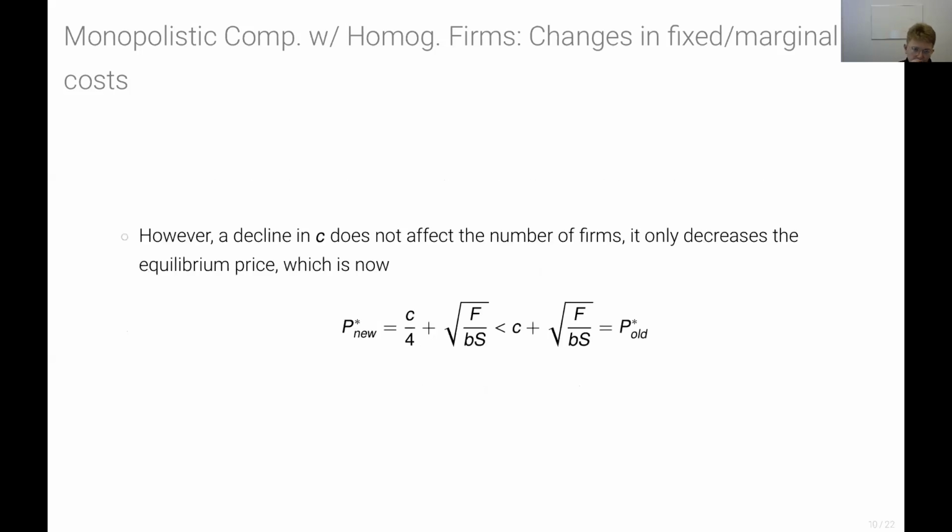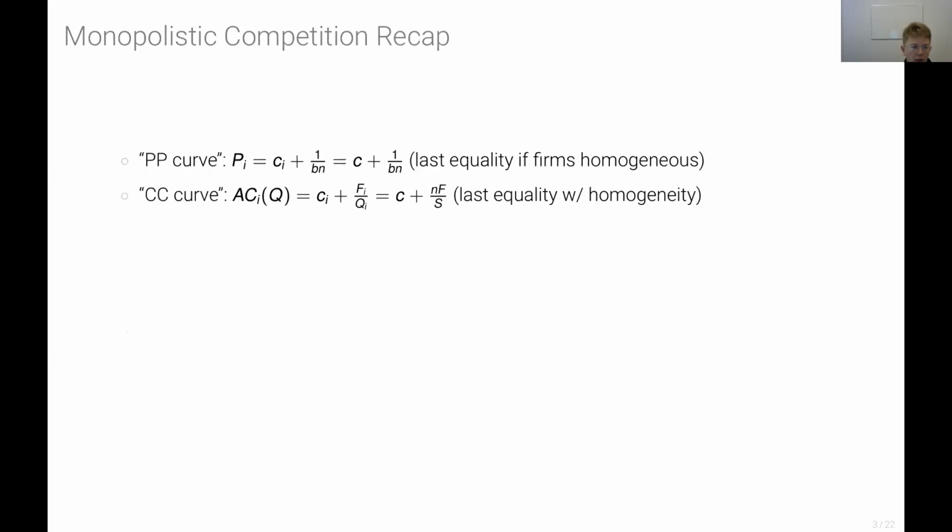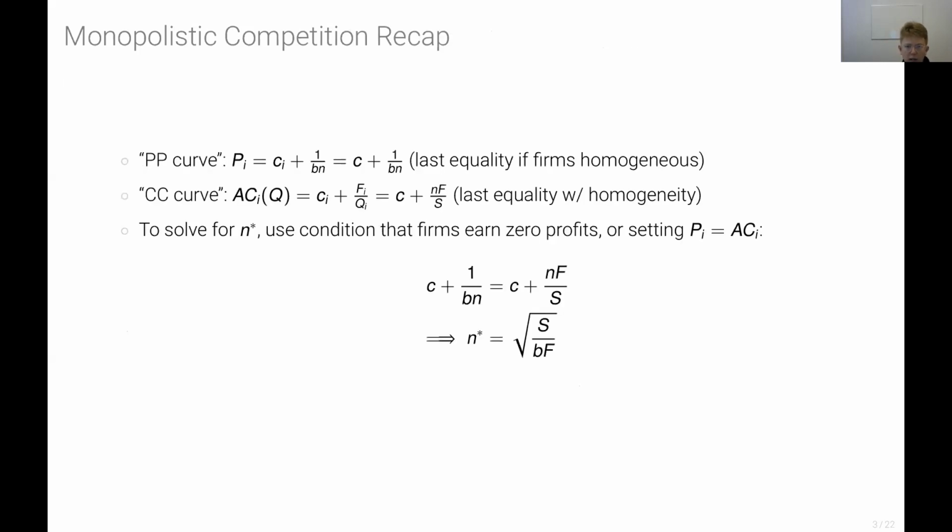Okay. However, a decline in the marginal cost is not going to affect the number of firms. It's only going to decrease the equilibrium price. And you can see that because if you go back to the equation that defines the number of firms, that's equal to saying that firms are earning 0 profits, or alternately that price is equal to average cost.